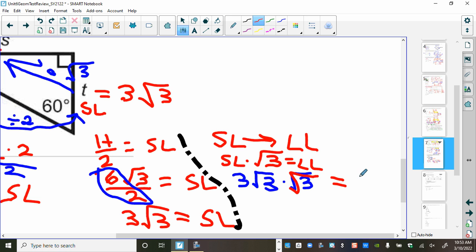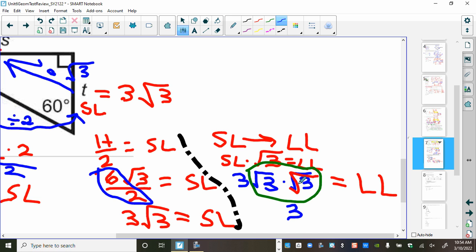Careful, careful. What's 3 times square root of what? When we combine the square root of 3's, what do we get? What's square root of 3 times itself? Multiply square root of 3 by itself. What's going to happen to the square root signs? They're going to go away. So it's just going to be 3.